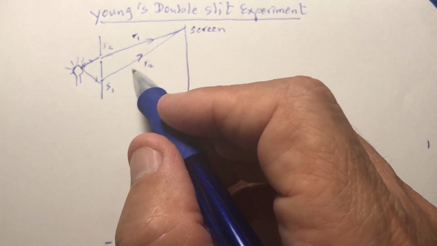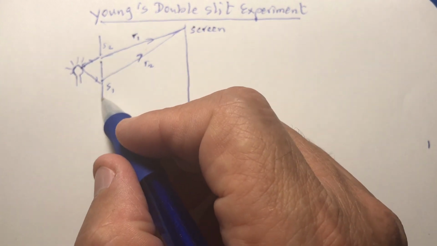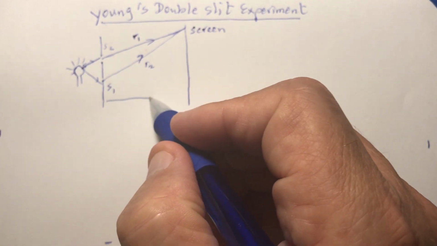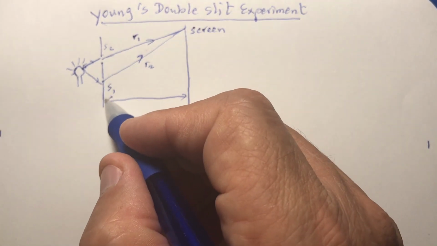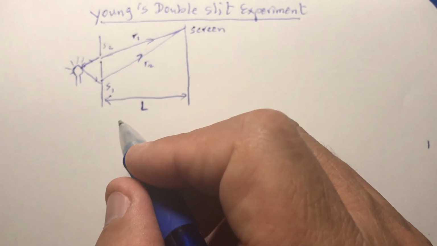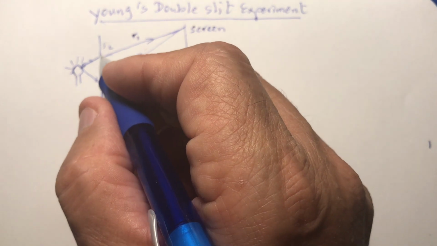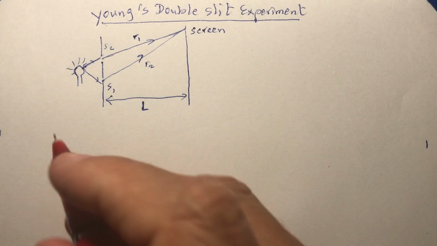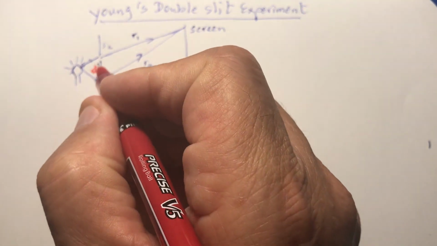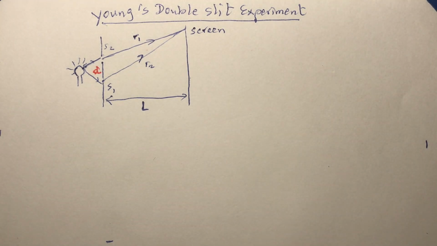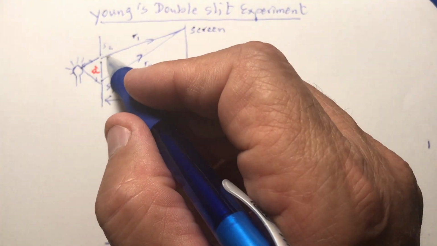So this distance between the screen and the two slits, we call it L. And the distance between the two slits, we call it D. Now, these are waves.